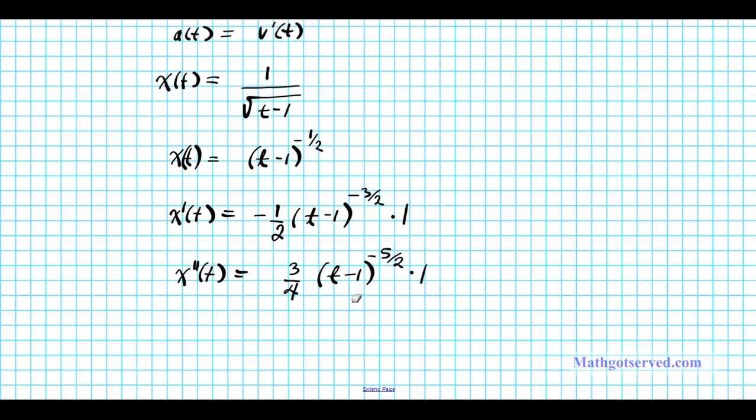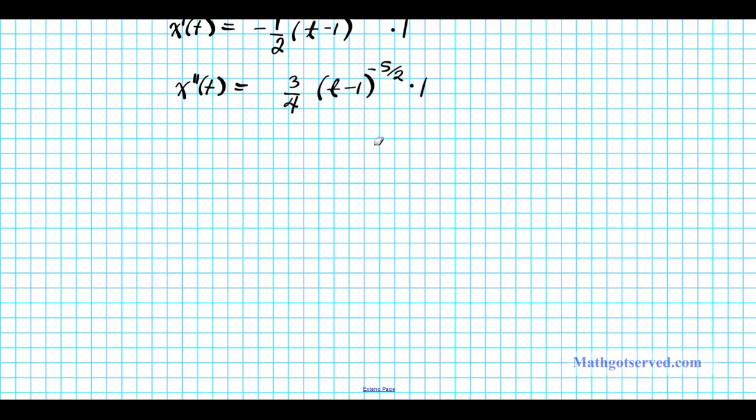All right? Now, that's our acceleration function. So let's write it nicely. So we have a of t is 3 divided by 4 times the square root of t minus 1 to the 5th power. Okay, so this is your acceleration function using higher order derivatives.